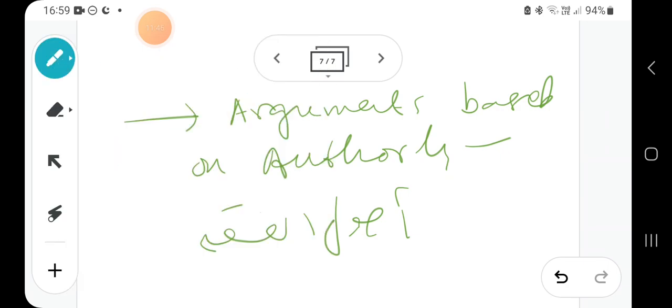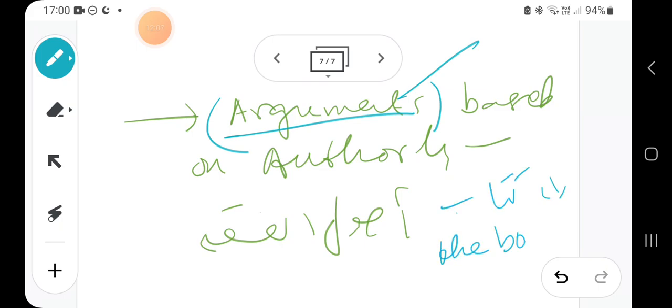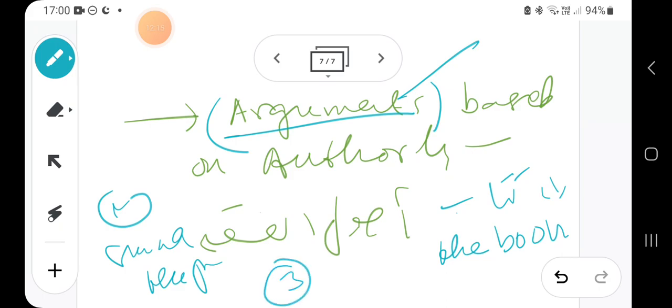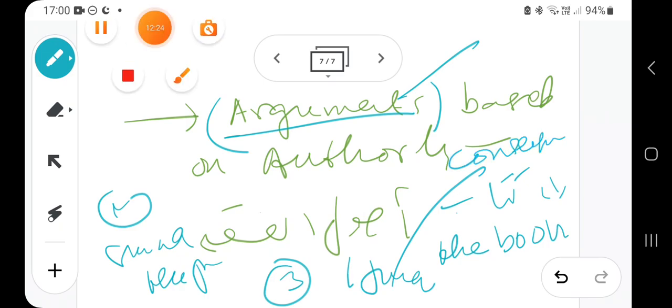Those arguments, as to their subject matter, which are based on authorities, are basically three: Kitab, the book, which is the Quran; two, the Sunnah of the Prophet; and three, Ijma, the consensus of the Muslim scholars, consensus based on their knowledge and expertise.